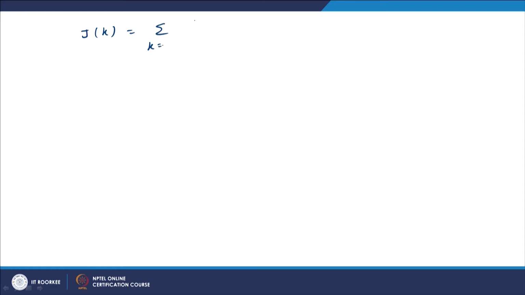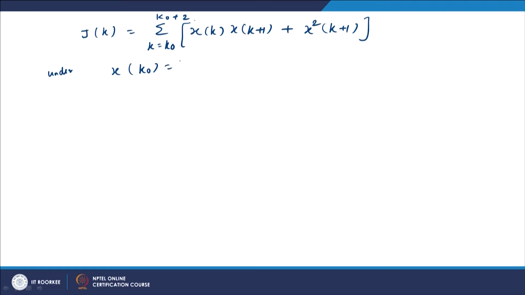Here we consider k varies from k0 to k0 plus 2 of x of k plus 1 plus x square k plus 1. We have to minimize this expression under the condition x of k0 is some given value and x of k0 plus 3 is free, which is not given.